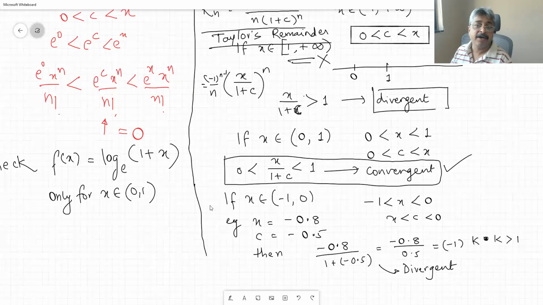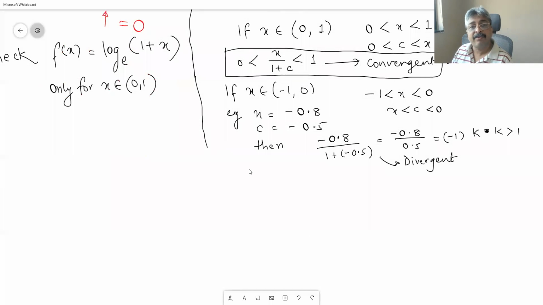And the second remainder term, I am not getting into the derivation of Cauchy's remainder, where we will use Cauchy's mean value theorem, but Cauchy's remainder looks like this, remainder by Cauchy.